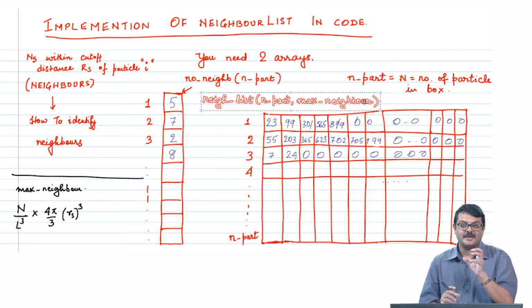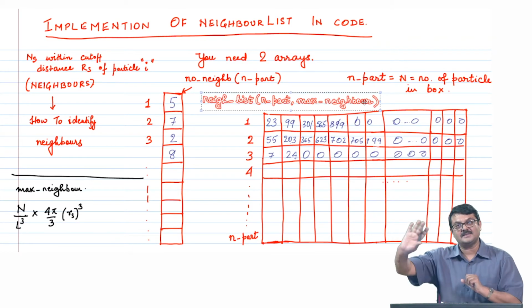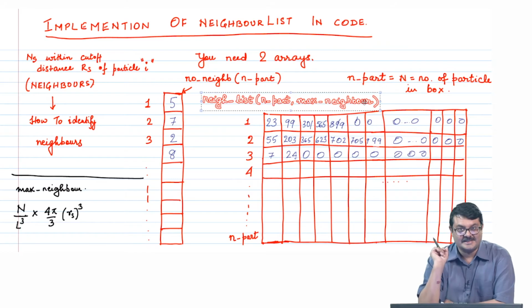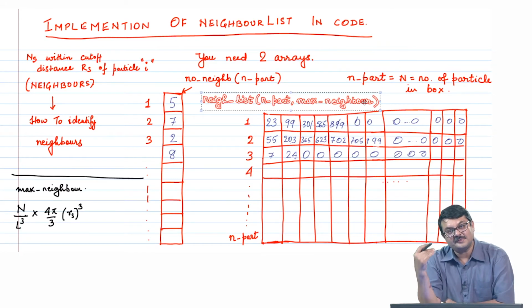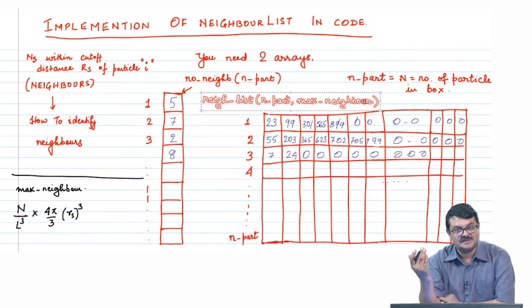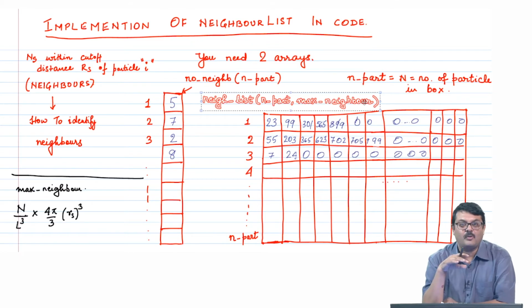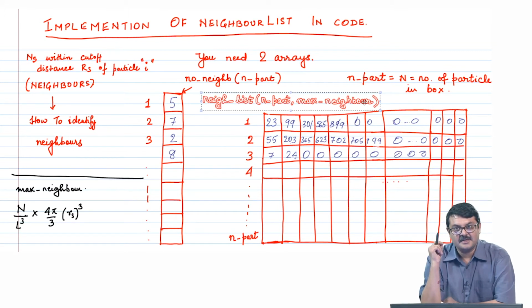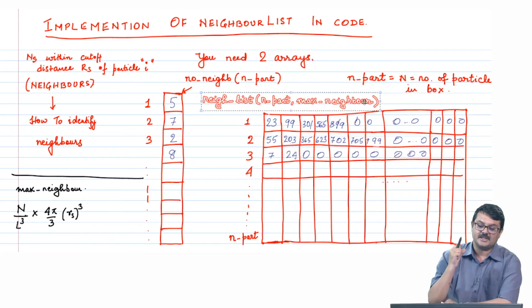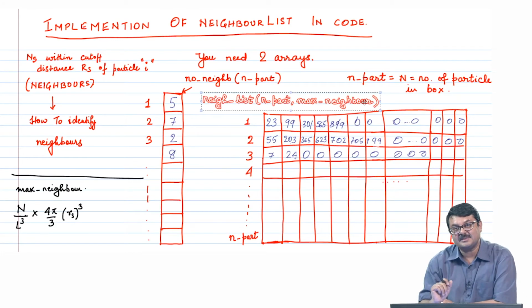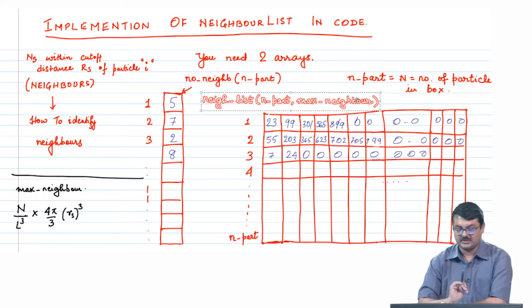Locally it is a very dense system, while some other part is relatively less dense. There can be density fluctuations because of interactions; the entire box will not be uniformly filled with Lennard-Jones particles, because attractions could cluster particles. So, you need an estimate of the maximum number of neighbors.